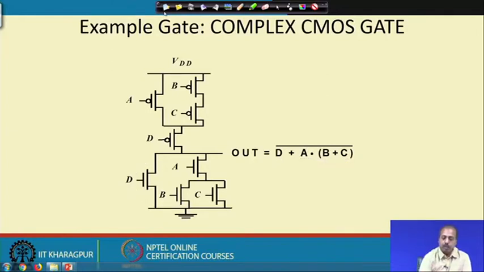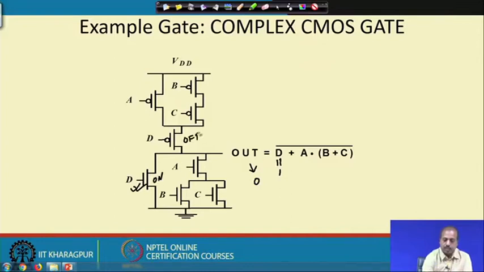Now, to get the confidence that this circuit really realizes the function that we are looking for, for example, in this case if D is equal to 1, then the output will be equal to 0. Let us see whether this happens or not. If D equal to 1, this transistor is on, irrespective of other transistors, and this other transistor is off.